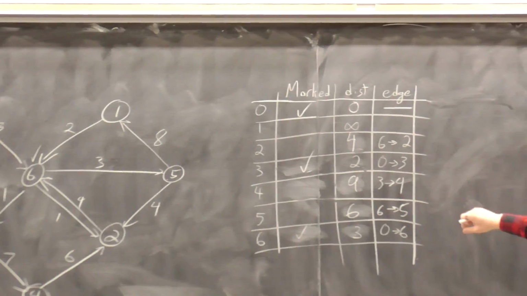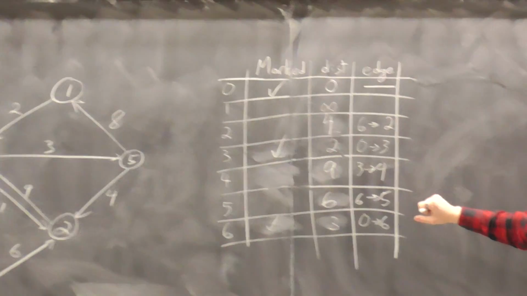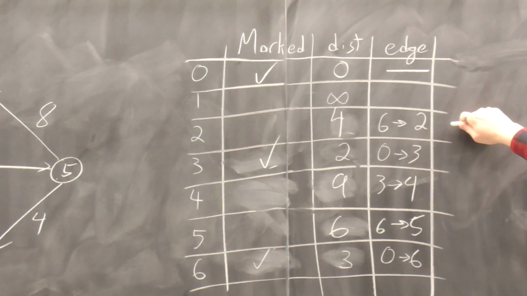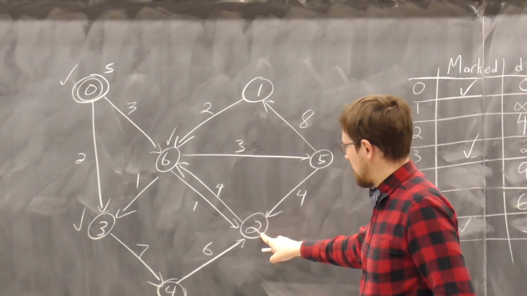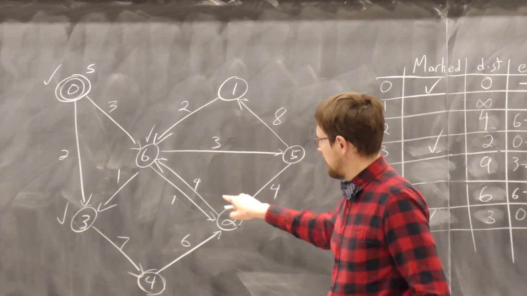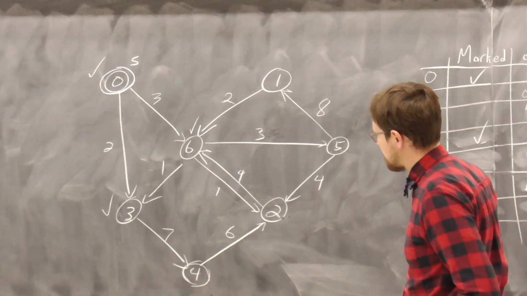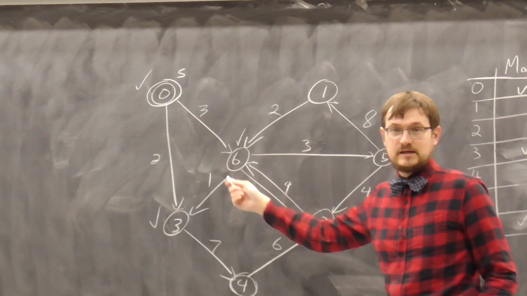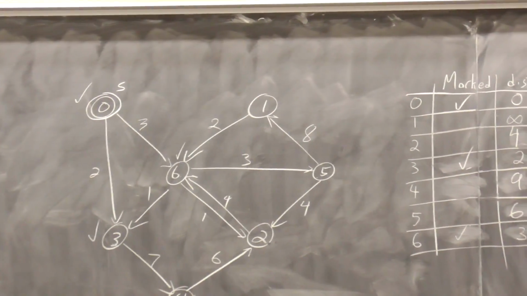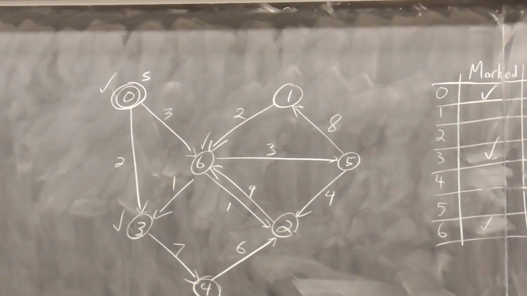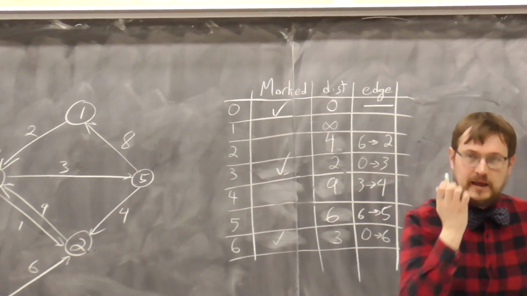What is our minimum distance of the remaining nodes? This one. So we are now examining 2. We only have one adjacent vertex to consider, going back to 6. 6 is already checked off, so we'll just not worry about it.